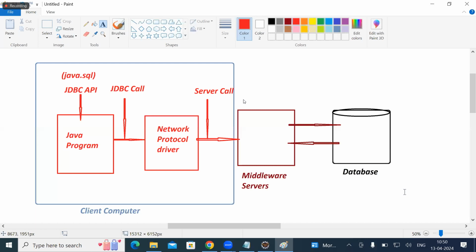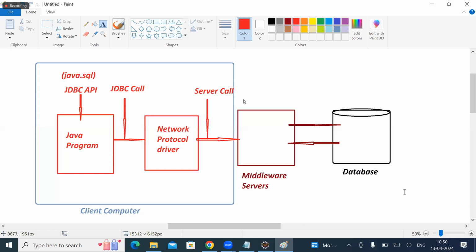Now, the drawback here is that whenever you want your Java program to communicate with the server through a network protocol, you have to do the network settings. Network related code you have to write. Whenever you write network code, network components are involved. Execution time increases. The drawback of this model is that execution time increases very highly.